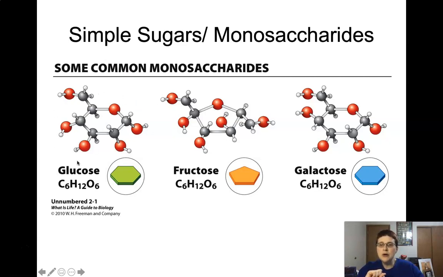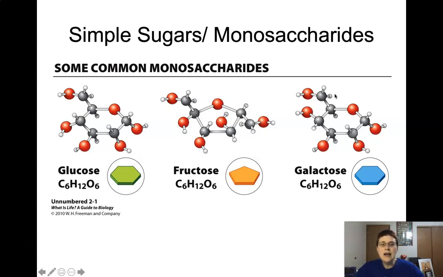We've got glucose, which is the most common of the carbohydrates. Fructose: it sounds a lot like fruit, and it is the common monosaccharide found in fruits. That's part of what makes them sweet.